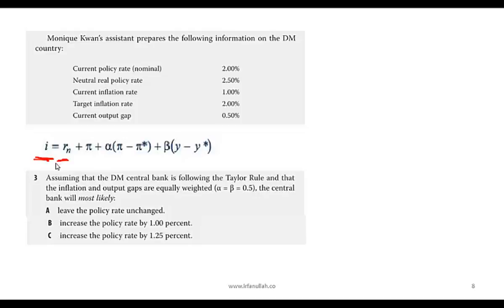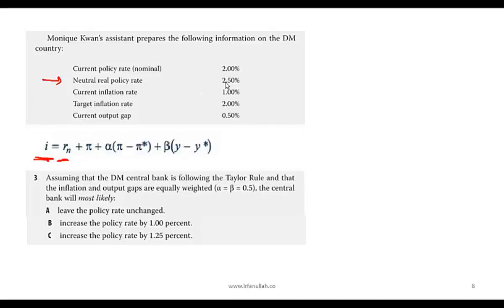So something that hopefully you remember from Level 1 economics, when you have a very high interest rate, that pulls the economy back. When you have a very low interest rate, that stimulates, which means that there must be some rate in the middle, which neither stimulates nor slows, and that is called the neutral rate. If we take the inflation adjusted number, then that's called the neutral real policy rate.